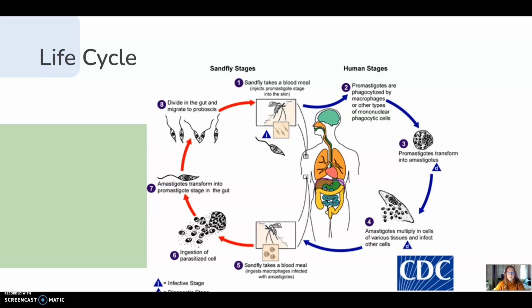In steps 5 and 6, the sandflies become infected through the reverse process of feeding off of an infected host. In the sandflies, the parasite will be turned into an amastigote and then divide, and the cycle will continue.